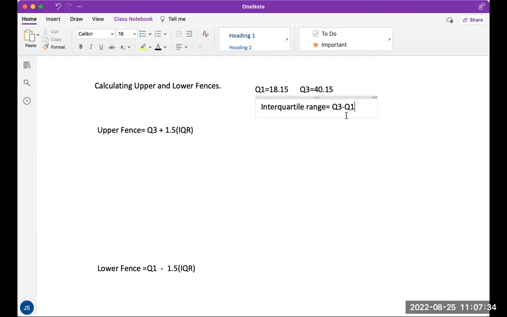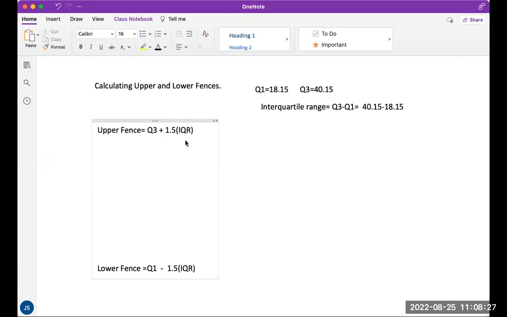So my interquartile range is going to be that 40.15 minus 18.15, which will be, we need 2 to get back to 20 and then another 20, so 22. So our interquartile range will be 22. Okay.